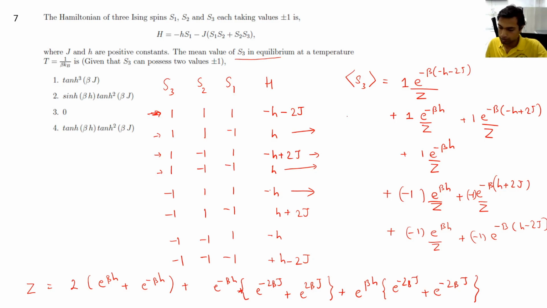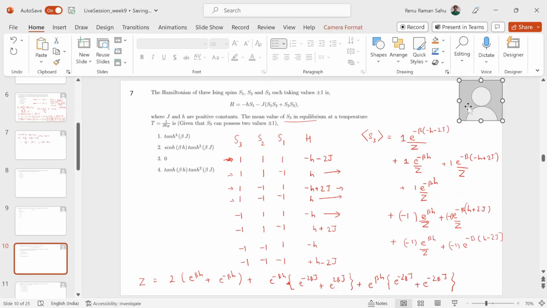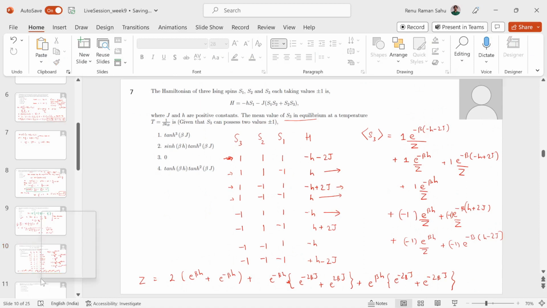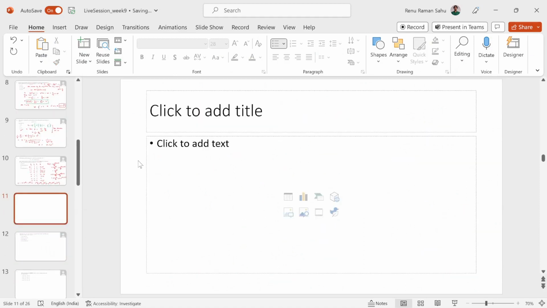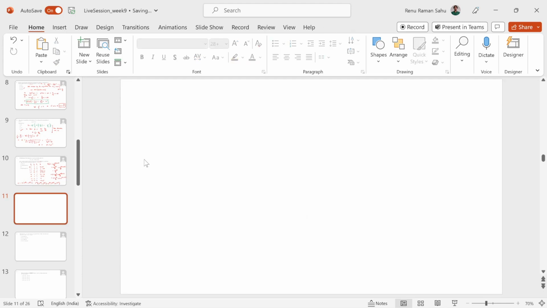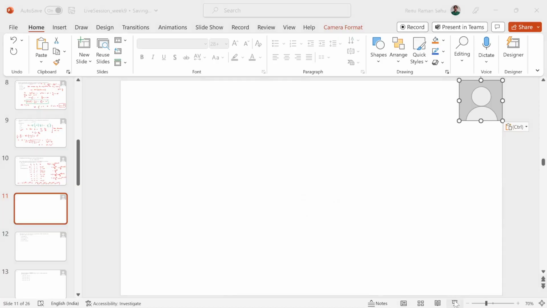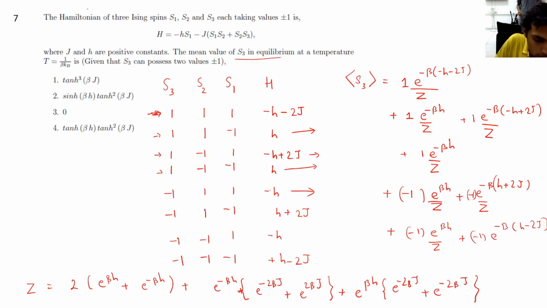So what we will get is the partition function equal to, so from the first term what we can take, 2 times e to the power beta h plus e to the power minus beta h.